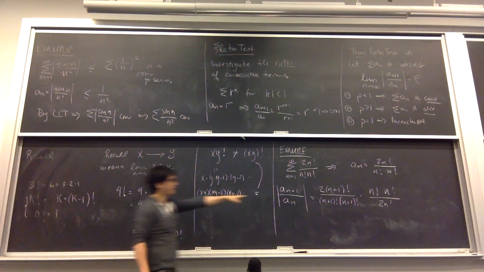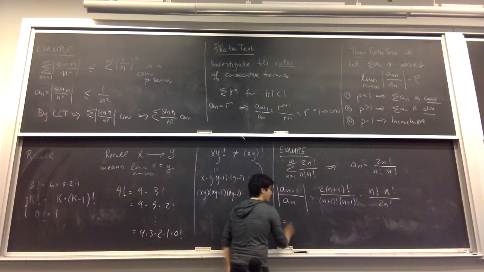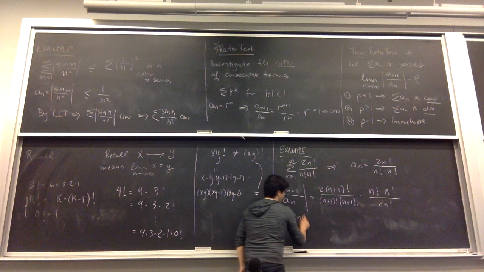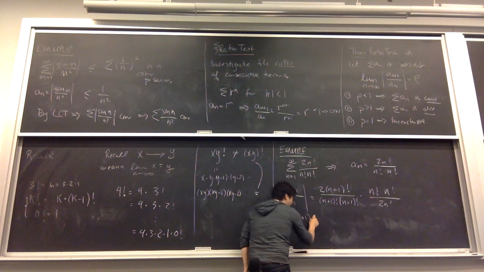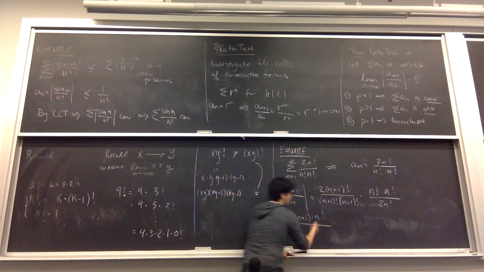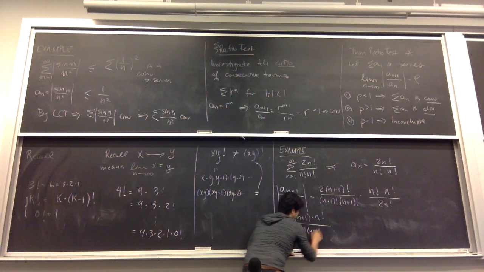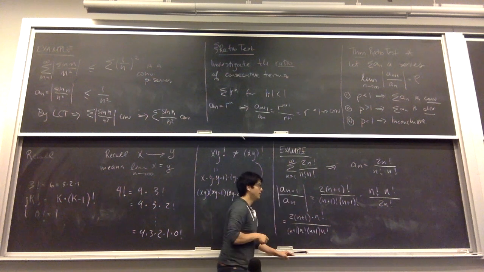So, what can I replace these factorials with? This is 2 times (n+1) times n factorial. The bottom is going to be the same thing: (n+1) n factorial, (n+1) n factorial.